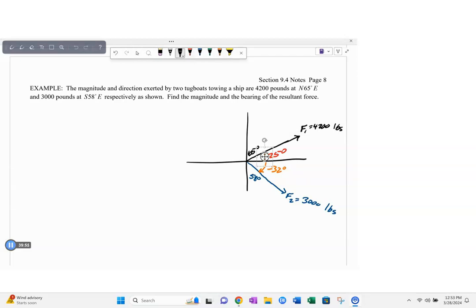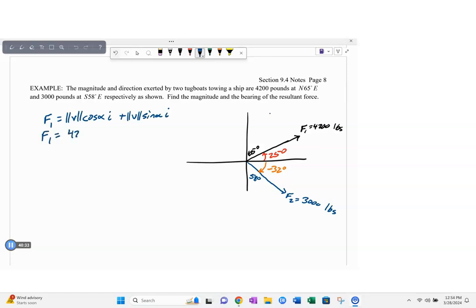Now let's write our vector with the horizontal and vertical components: its magnitude times cosine of the angle i plus its magnitude times sine of the angle j for the first one.